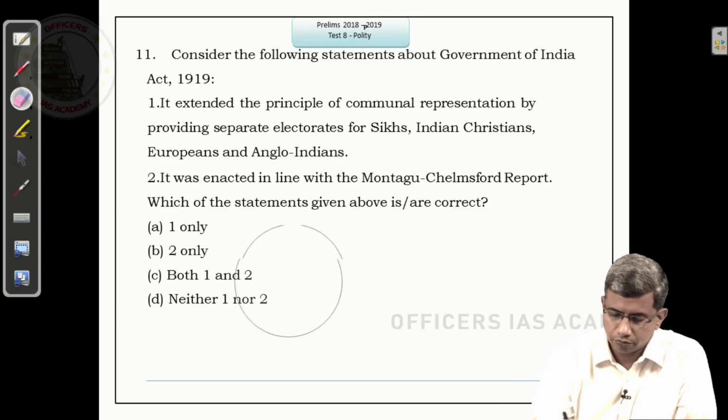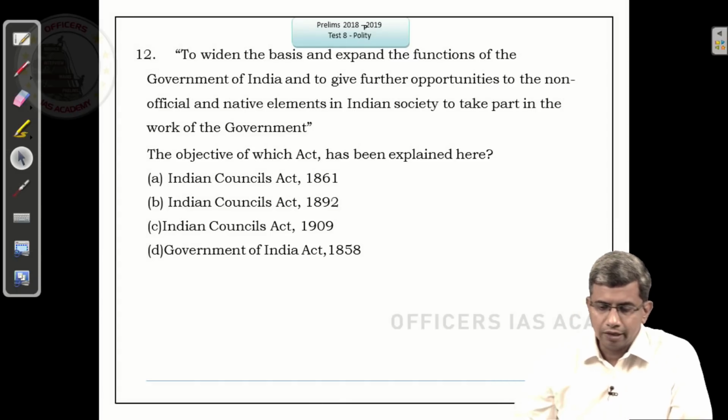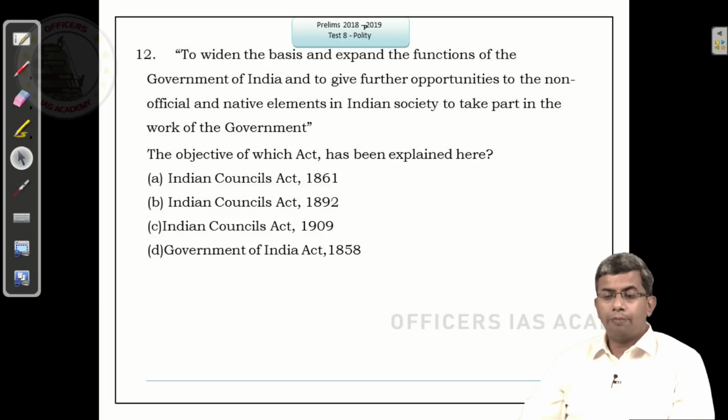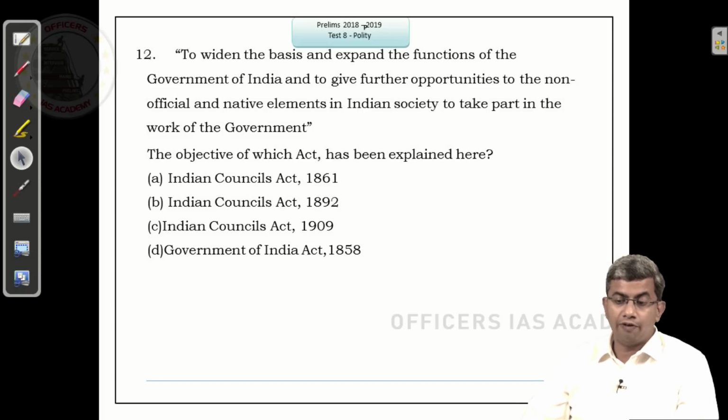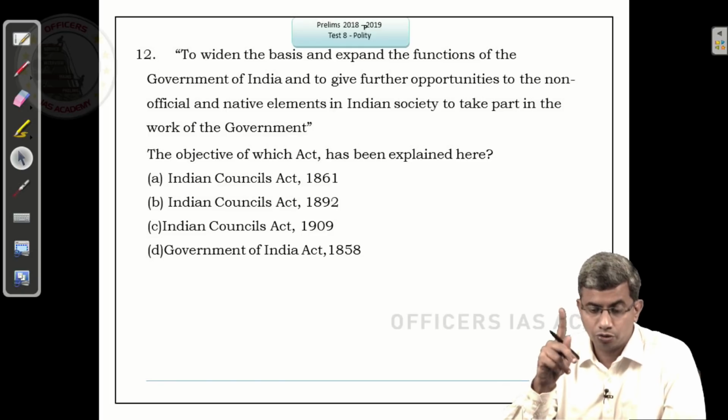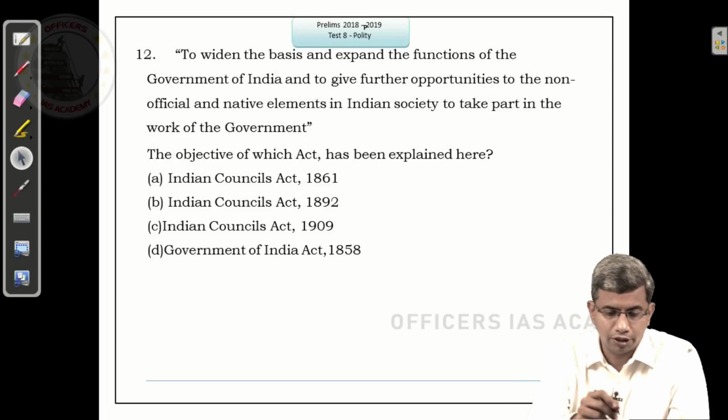So, moving on, to widen the basis and expand the functions of Government of India and to give further opportunities to the non-official and native elements in Indian society to take part in the work of the government. So, this is where you should immediately think of this table.